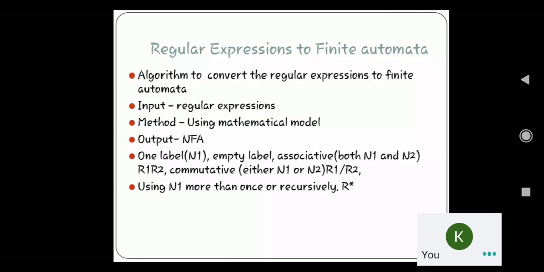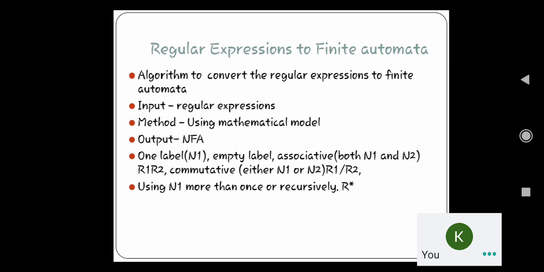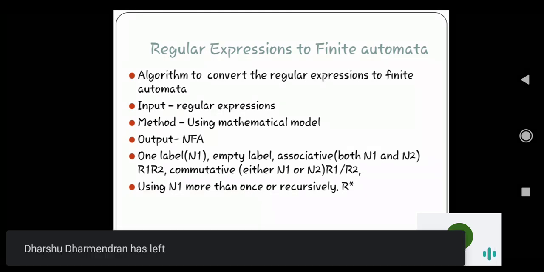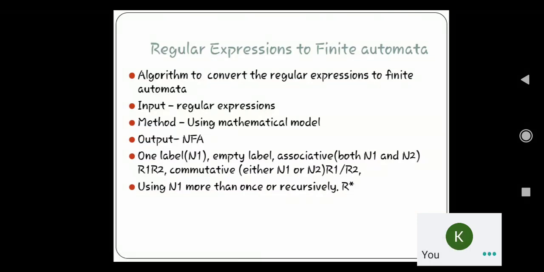Consider or imagine that the final state of NFA1 will be acting like the initial state for NFA2. So how are we going to do it? The final state of NFA1 will be merged with the initial state of NFA2.